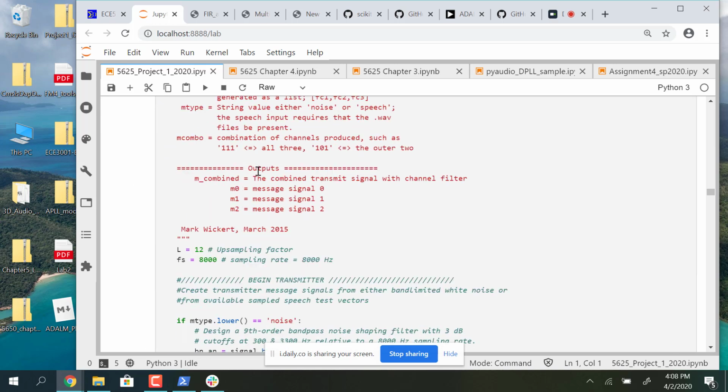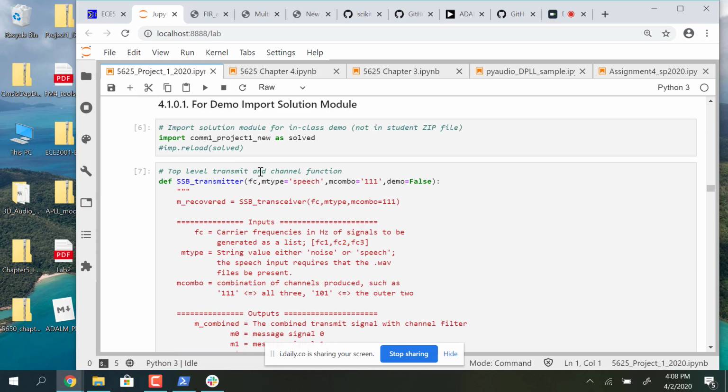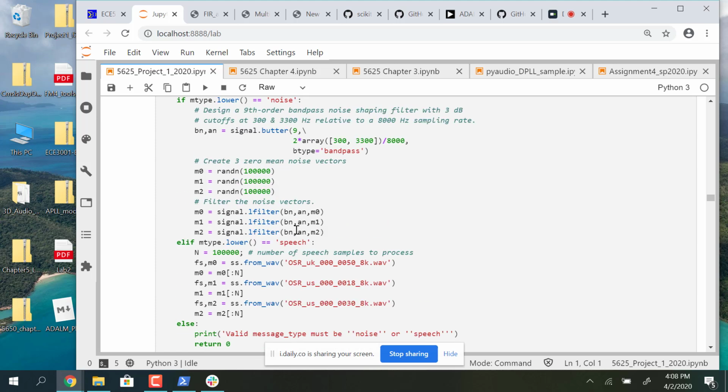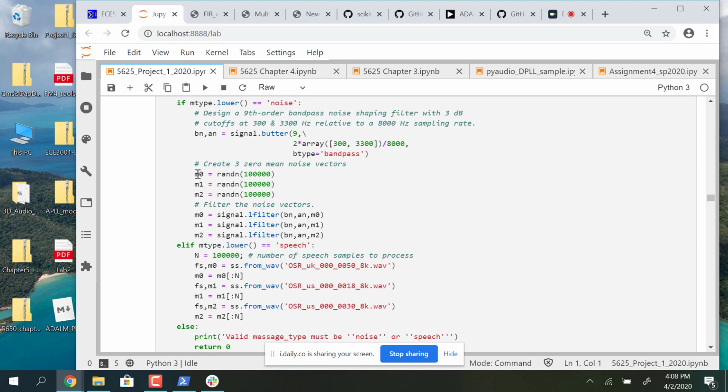the top level transmit function, it brings in all the Weaver modulators. So it's either going to drive the modulators with noise from these 3 wave generators, or it's going to drive them with just white noise from the random normal noise generator, a random number generator.